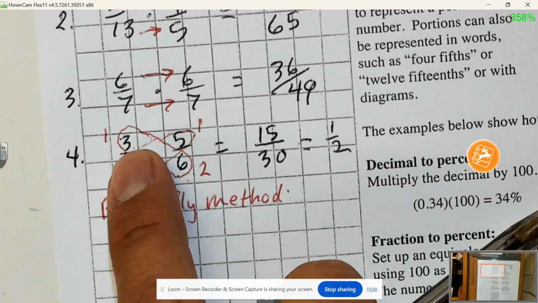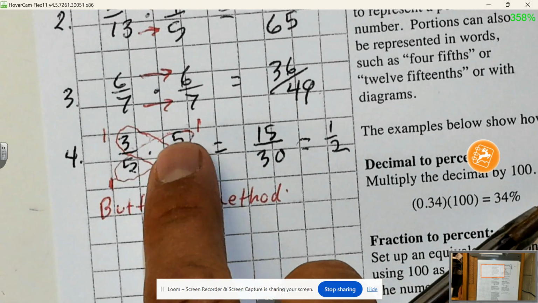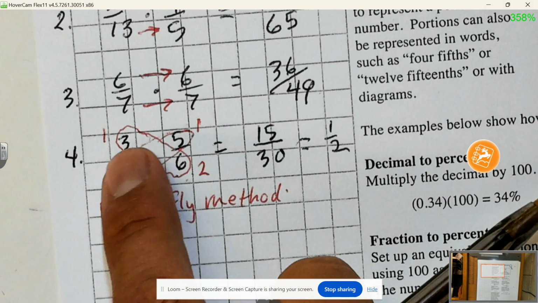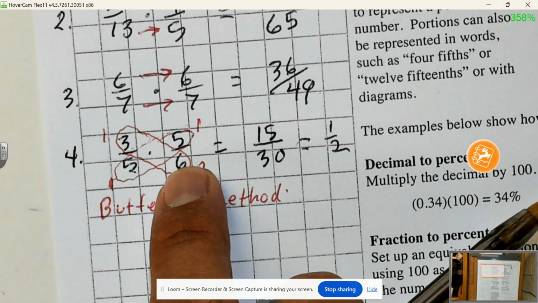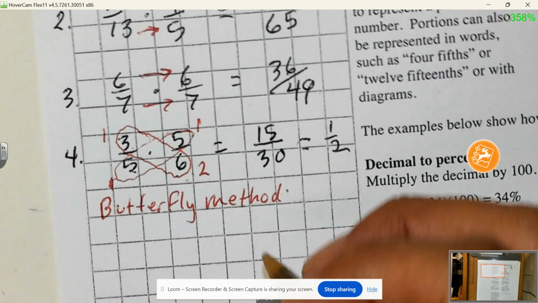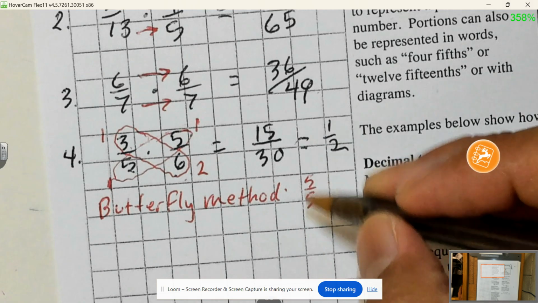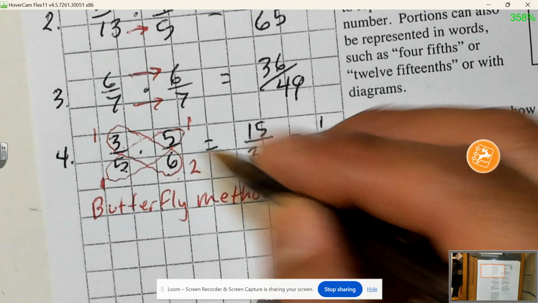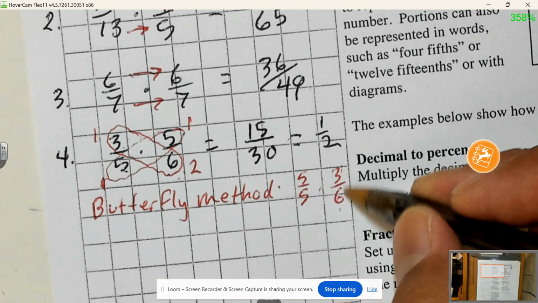So if I were to write this as 3/5 times 5/6, switch it over, multiply the 5, change the 5 and the 3, it would be 5 over 5 and 3 over 6. And we all know that 5 over 5 is 1. And then 3 over 6 is 1/2.